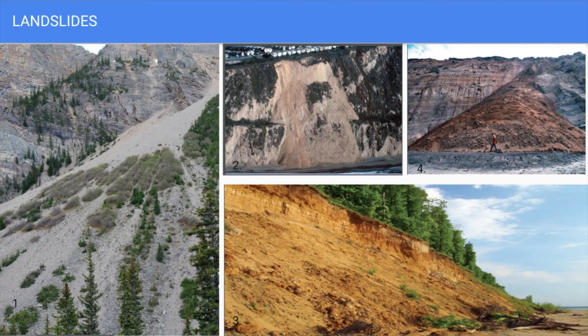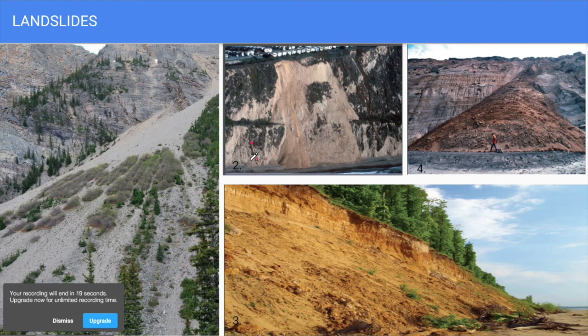Picture number 1 shows us a landslide in a national park in Canada. It shows what happens when the rocks began to slide off the mountain. Picture number 2 shows us the largest landslide in California, which happened in 1989.